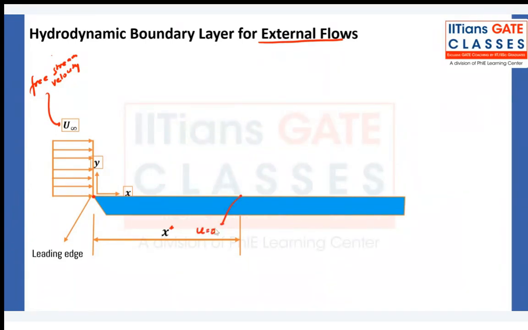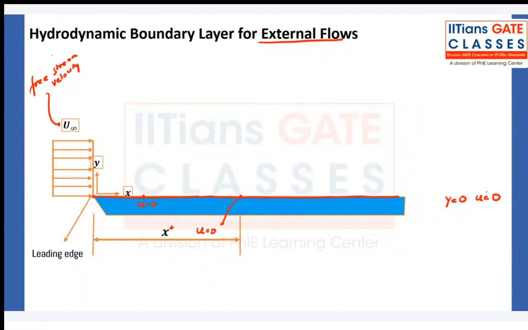The whole fluid layer that is in contact with the flat surface, at every point, that means at y equals 0, u equals 0 because of the no slip condition.